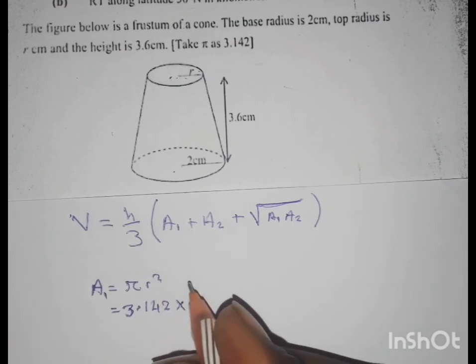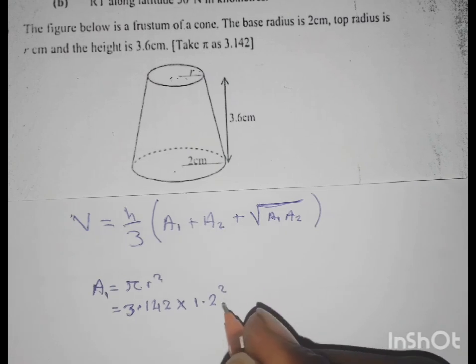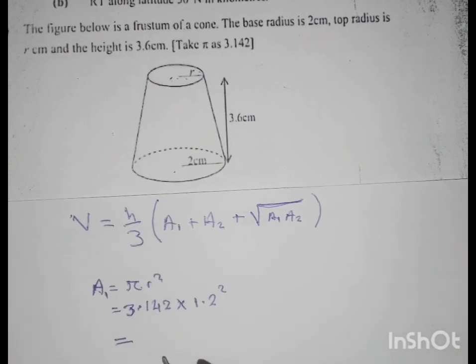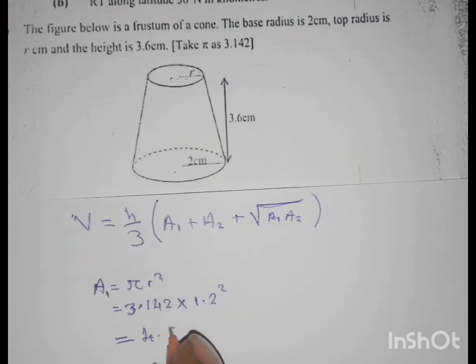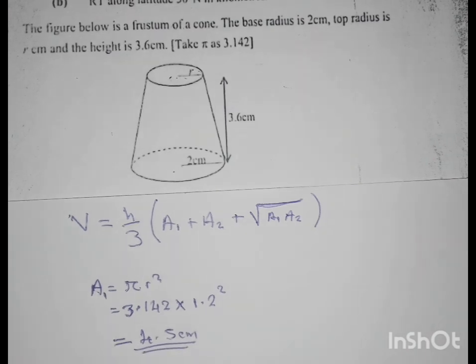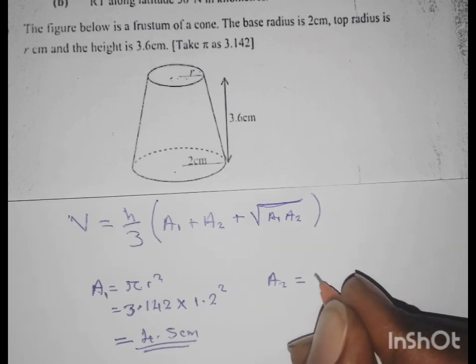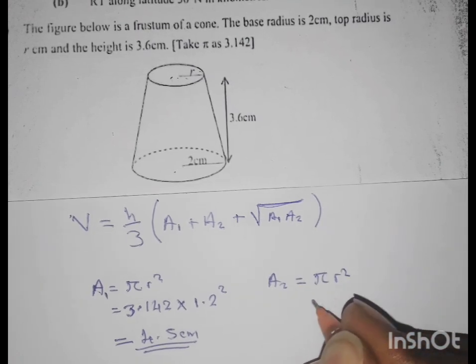For the smaller one we found r was 1.2, so it will be 1.2 squared. When you do your calculation, at one decimal place you get 4.5 square centimeters.